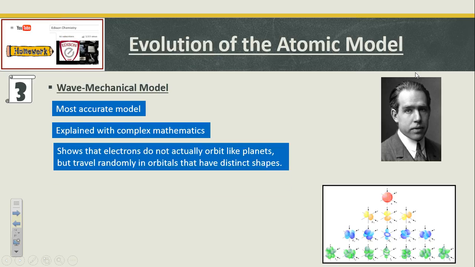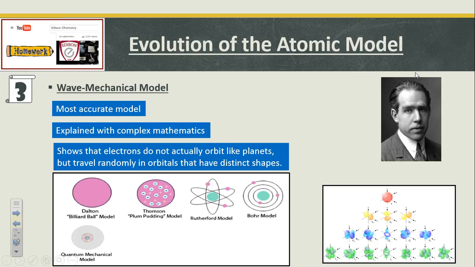So we don't really need to do that. So we simplify that the electrons travel about the nucleus as orbits like planets, but they really actually travel randomly in those orbitals that have these funky distinct shapes. And on top of it all, electrons have spin, so they can spin in one direction or the other direction, et cetera, et cetera, et cetera. We don't get into that.